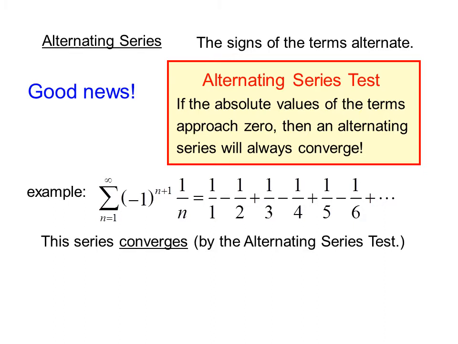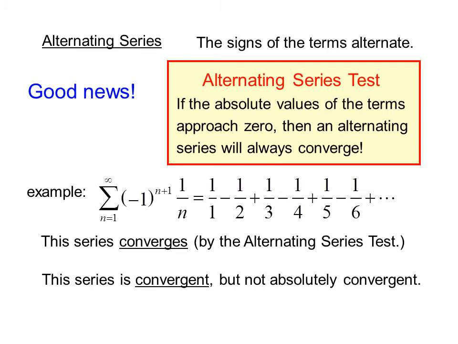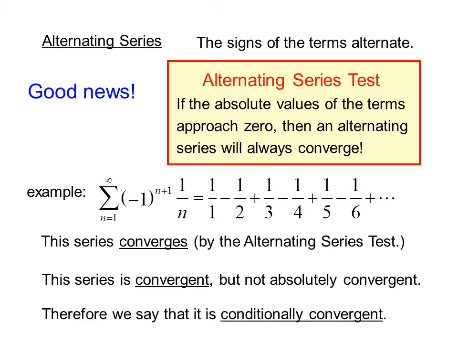This series converges by the alternating series test because the absolute values of the terms approach 0. This series is convergent, but not absolutely convergent. Therefore, we say it is conditionally convergent.